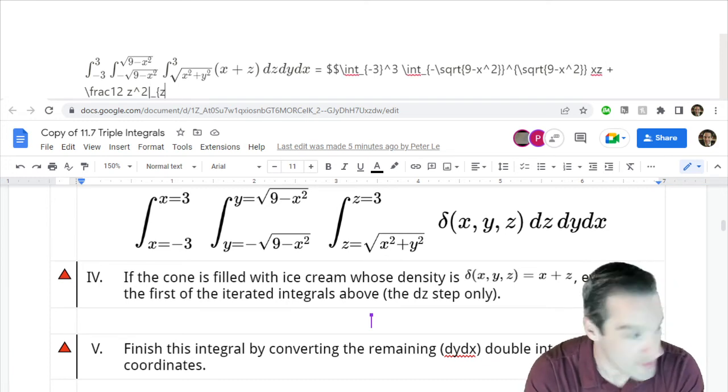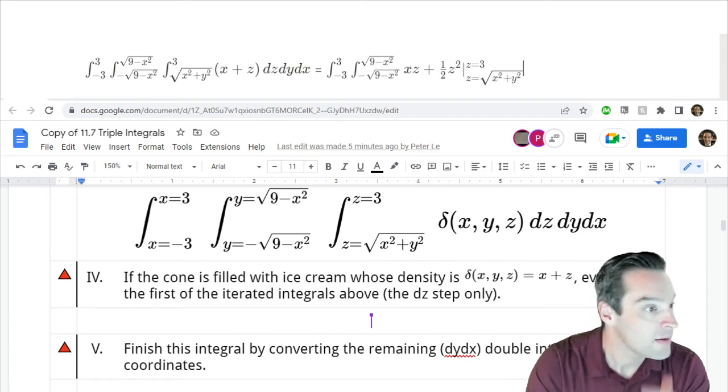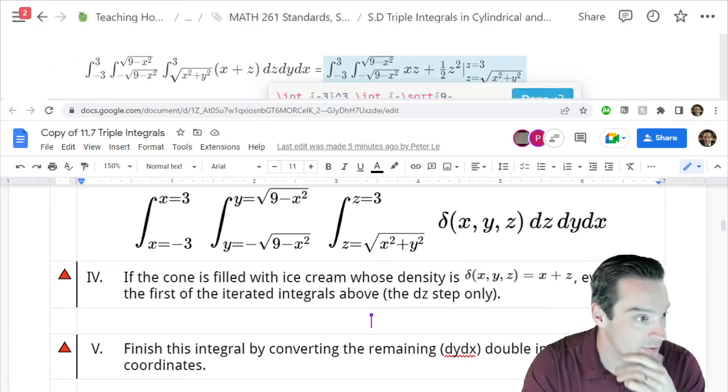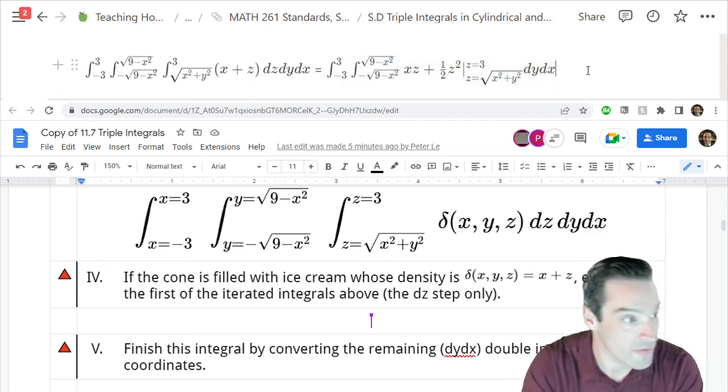And then we need to ultimately integrate that thing, dy dx. So we're going to keep that little piece off to the side here for the moment.